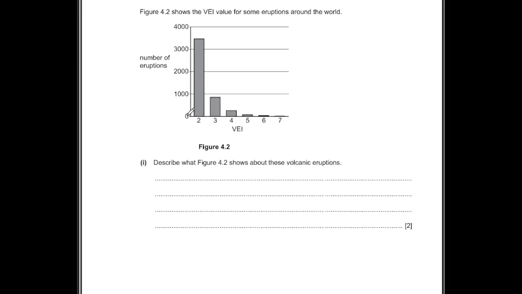Describe what Figure 4.2 shows about these volcanic eruptions. For 2 points, always use the data. In such types of questions, use the data. It is very beneficial because the examiner looks for data wherever graphs or questions involving calculations are there.